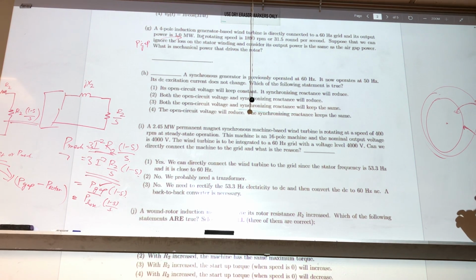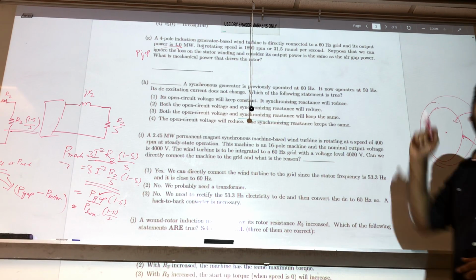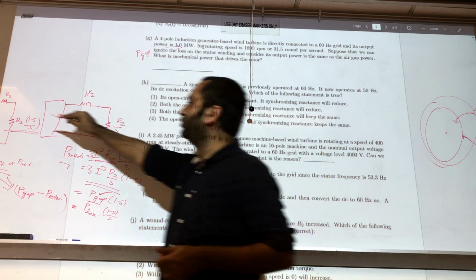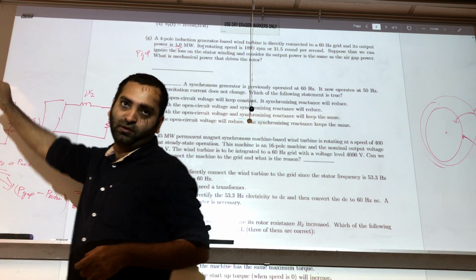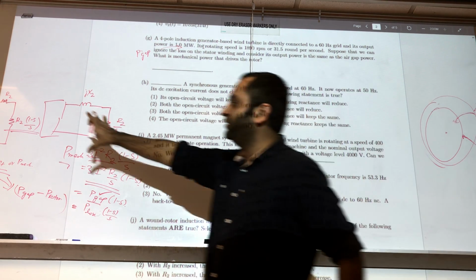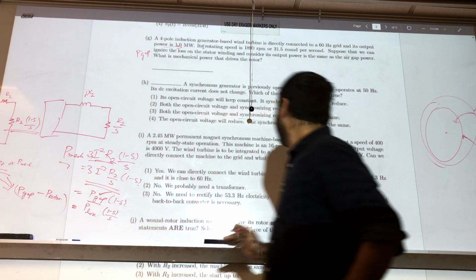But how do you know the output is just the P gap, not the P rotor? No, P rotor cannot be the output. P rotor is the loss. See, this is the electrical equivalent of the circuit, right?